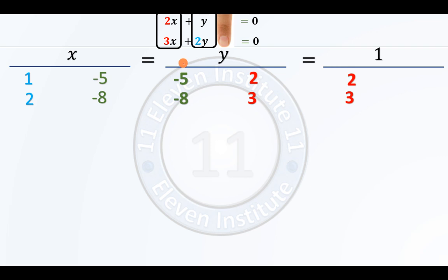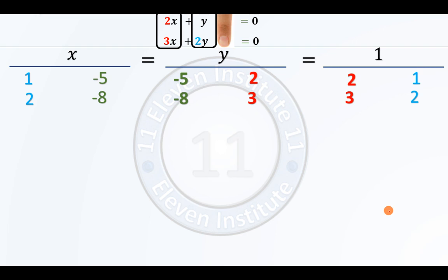But as you can see, the 2 and 3 are already present over here. So what we are left with is 1 and 2. So we will copy 1 from here and place it over here, and we will copy 2 from over here and place it over here.